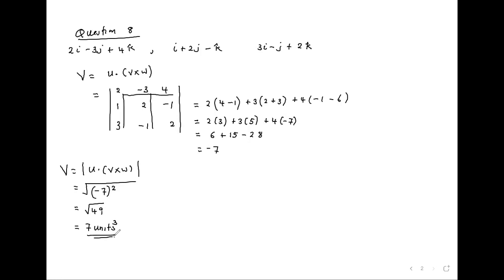That's how we get the volume. So the volume, the area of these structures in vectors is given by the determinant of the matrix. So the job is to find the determinant of the matrix.